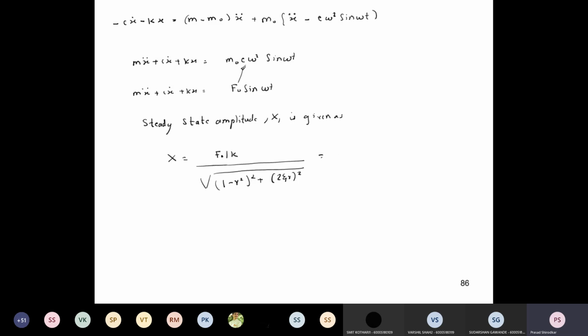All right. So substitute f0. F0 is nothing but m0 e omega square, that is the coefficient of sine omega t in the equation. So I get m0 e omega square divided by k divided by square root of 1 minus r square whole square plus 2 zeta r whole square.